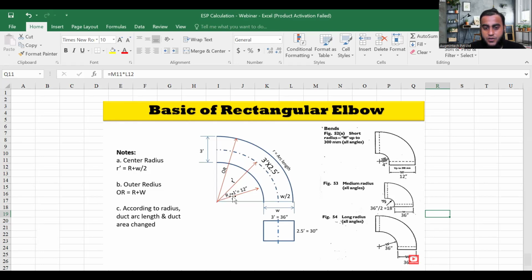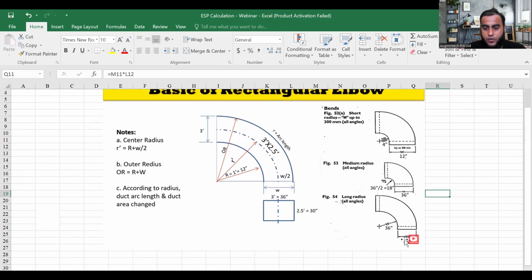And radius, how much from where you will get this radius? See, it is given. It is depend on you which type of elbow you are using. Suppose, let's say, for example, if you are using long radius elbow, so to calculate the capital R value, simple.